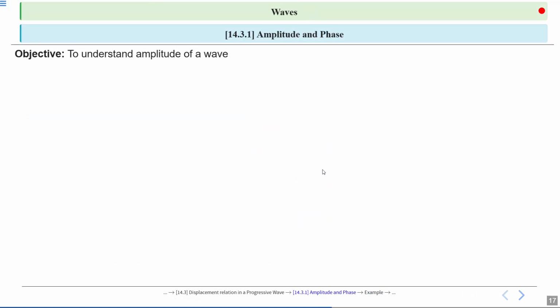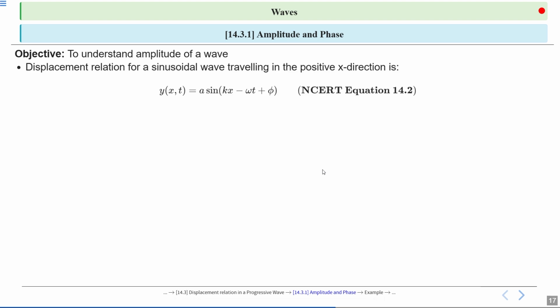Now we will understand what amplitude means in the context of waves. Let's look at the displacement relation for a sinusoidal wave moving in the positive x direction. The formula is y(x,t) = a sin(kx − ωt + φ).